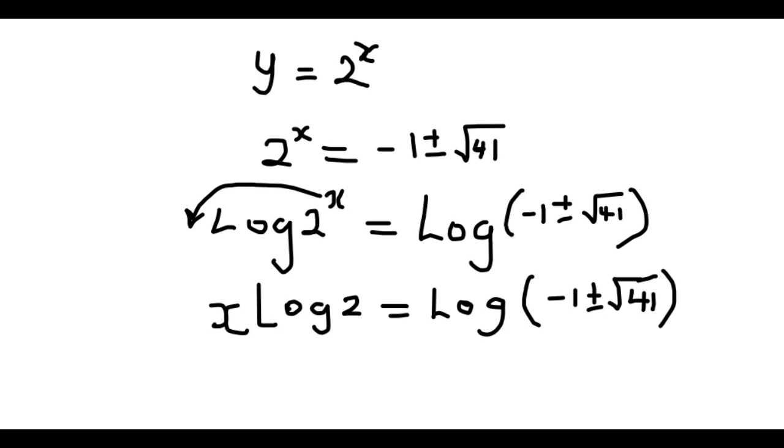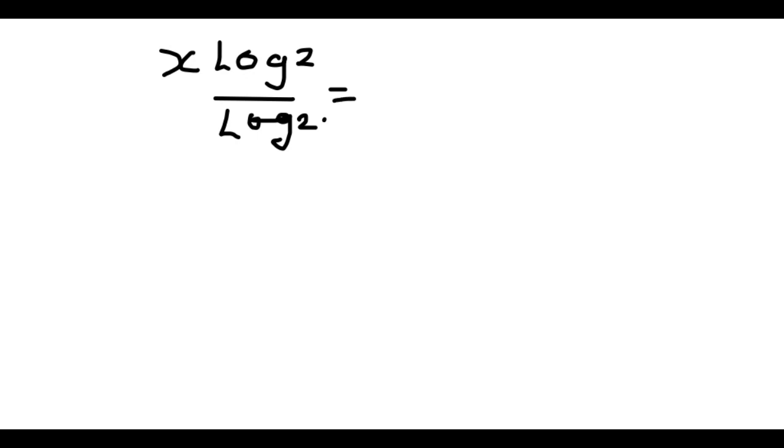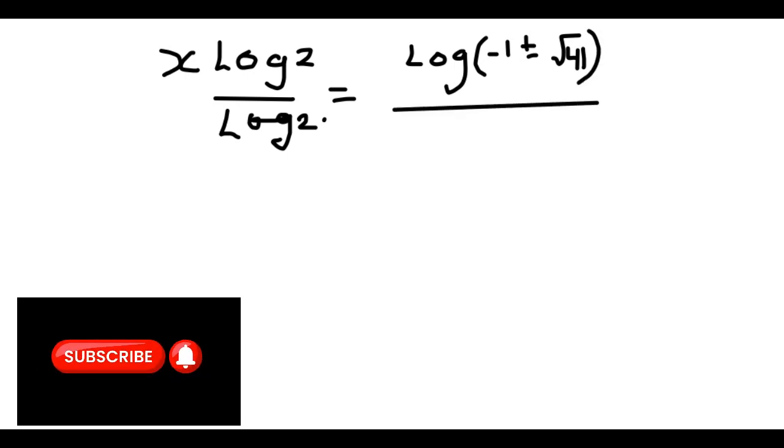We can then divide both sides by log 2, in order to isolate the x. So we have log of, into bracket, minus 1 plus or minus square root of 41, over log 2.